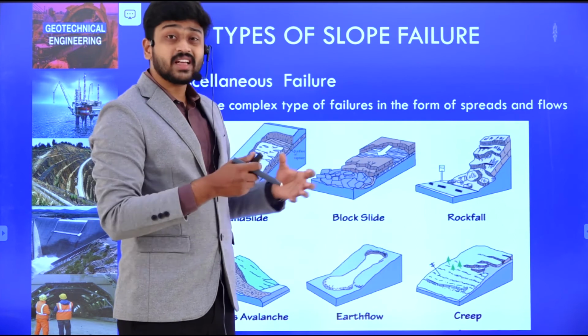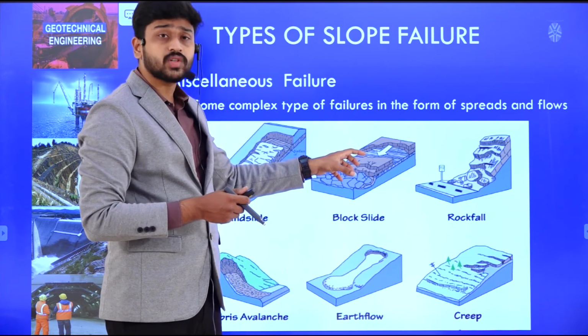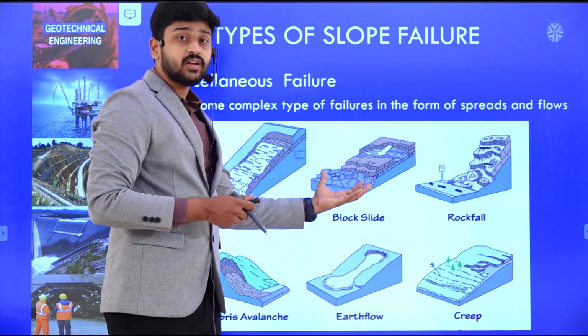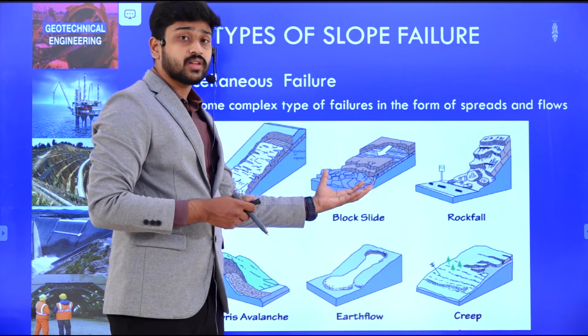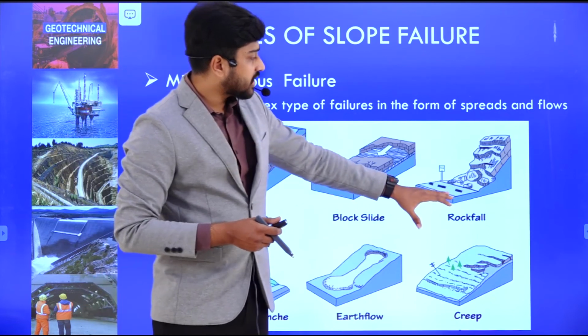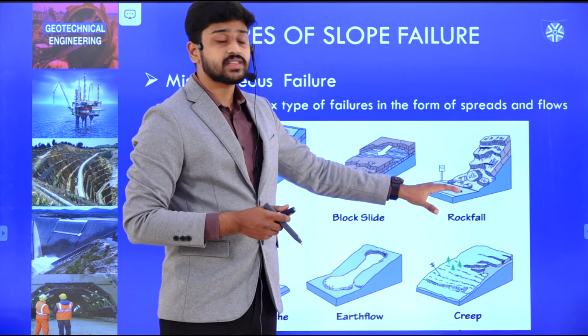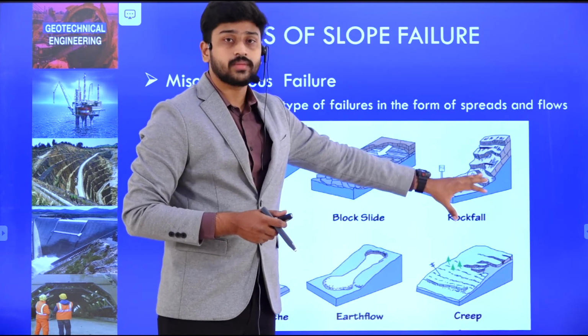That means the entire solid mass of the block is sliding up to a certain region, but if you look at the bottom region here, there is some sudden and more intense failure. This doesn't come under either rotational or translational failure, it is a simple rock fall.